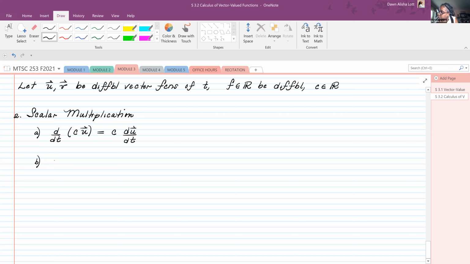Now I'm going to take f of t and multiply it by the vector valued function u of t. This is the same as the product rule. It is the derivative of f with respect to t times u of t plus f of t times the derivative of u with respect to t.